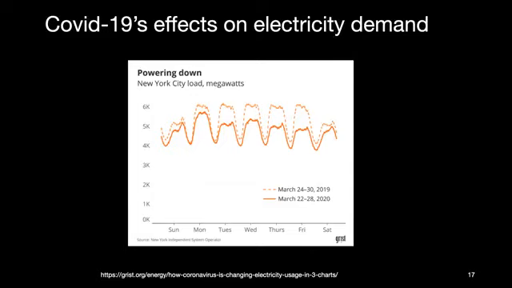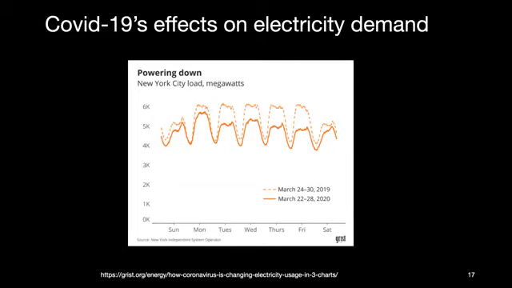And in New York City, one of the responses, both of individuals and institutions, was to shut down. A lot of things shut down in New York City in late March as the significance of the crisis became clear. And we saw a fairly significant reduction in electricity demand.